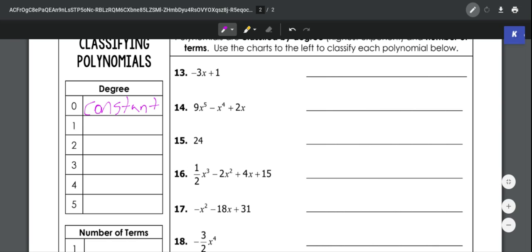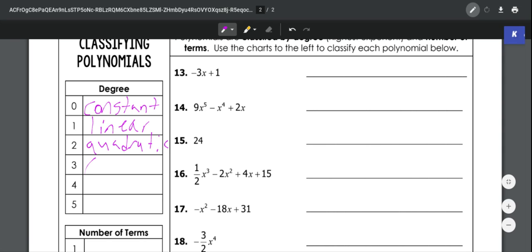When you have a degree of 1, it is linear. That's just if you had like x, because the exponent of x is just 1. If your highest exponent, or your degree, is 2, that would be a quadratic, which we just got done doing those.